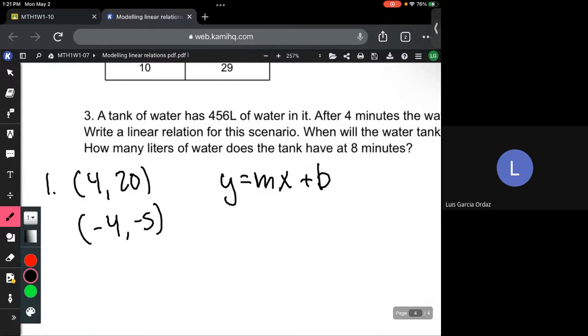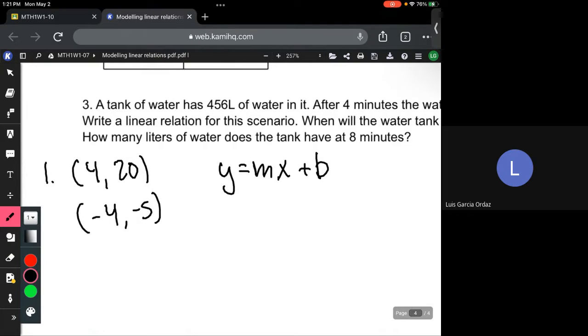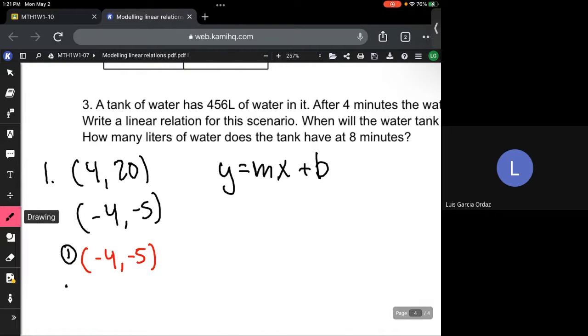Because when we read our graph, it's from left to right. So the negative is going to be the most left, and the positive number is going to be the most right. So our first point is going to be (-4, -5), and our second point is going to be (4, 20).